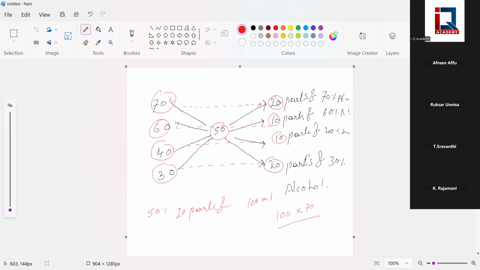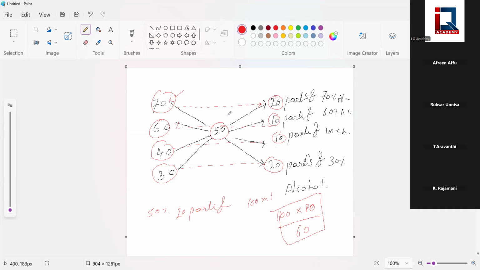Any parts in the total 20, 30, 40, 50, 60, by 60, the volume of 70% alcohol should be taken. Next 60%, 100 ml into 10 number of parts by total number of parts. Here 20, here 100 into 10 by 60, 100 into 20 by 60.